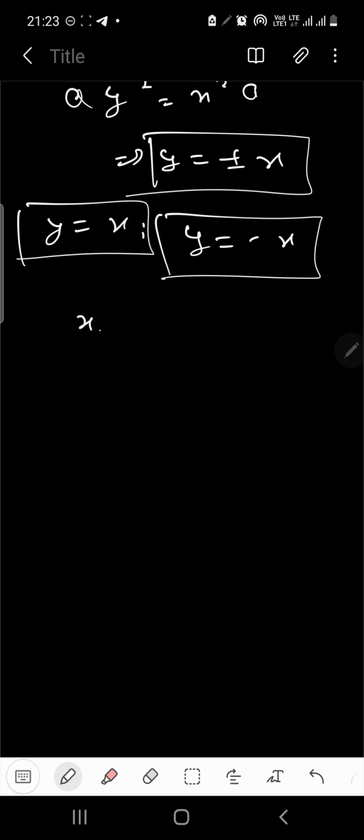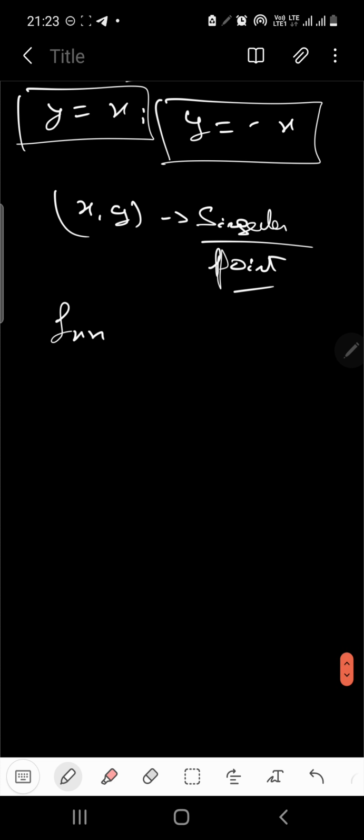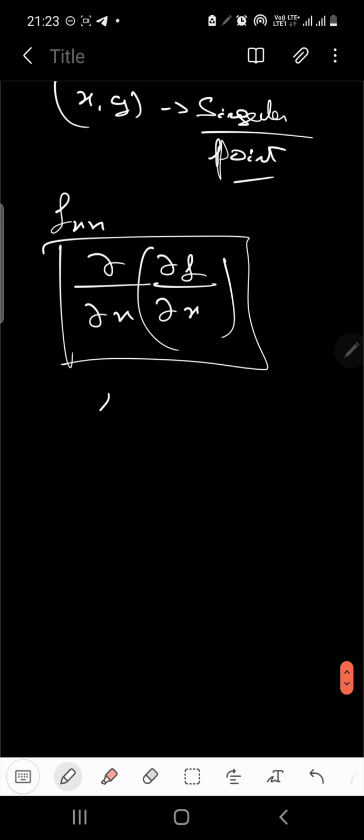I think you already know the notations of the partial derivative. What does fxx mean? fxx means that you have partially differentiated the function with respect to x and again differentiated it with respect to x only.